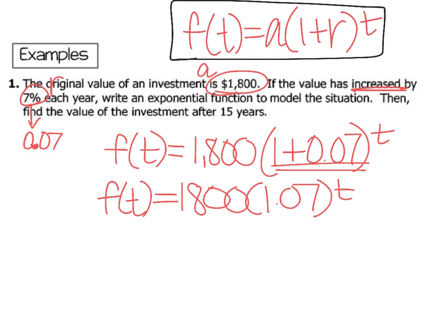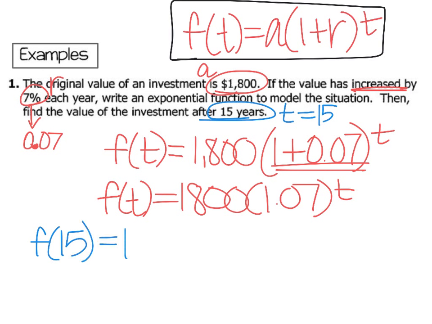Then we want to find the value of the investment after 15 years. So what does f of t equal? What does our function equal when t equals 15? So we're saying f of 15, when t is 15, we would say 1,800 times 1.07 to the 15th power.